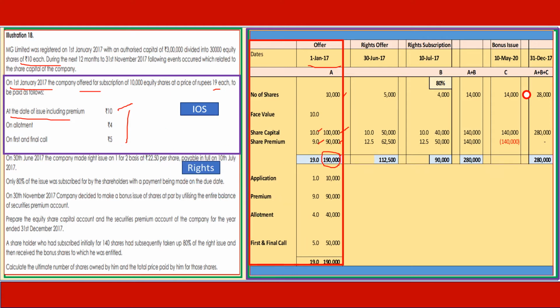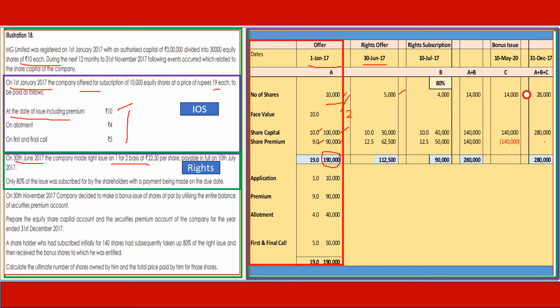First part of it is over. Now we are taking the rights. Let us read what it says. On 30th June 2017, the company made a rights issue of 1 share for 2. Now there are 10,000 shares. If I give 1 for 2, means it is divided by 2.